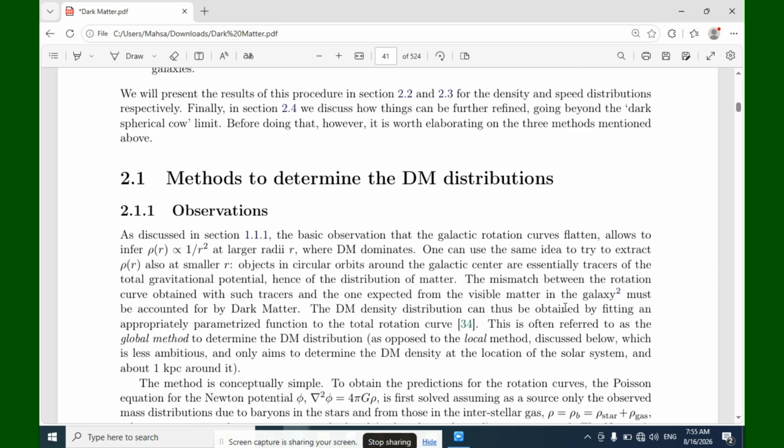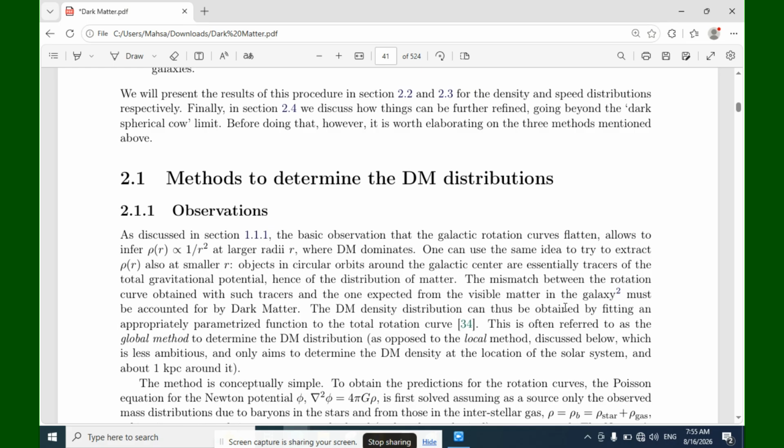Now I want to talk about the methods to determine the dark matter distributions. The first method is observation. I discussed in section 1.1.1 the basic observation that the galactic rotation curves flatten, which allows us to infer that ρ(r) is approximately proportional to 1/r² at larger radius r, where dark matter dominates.